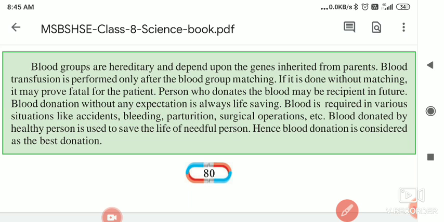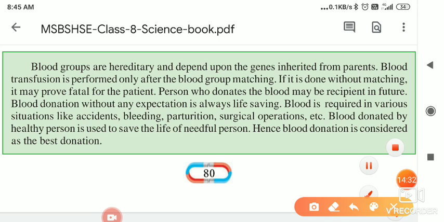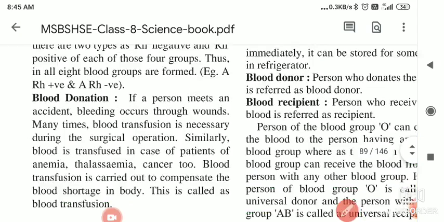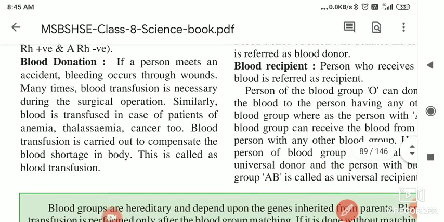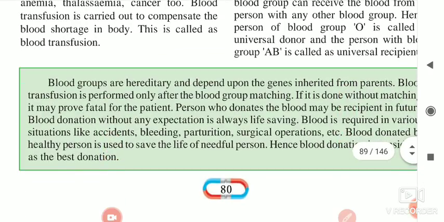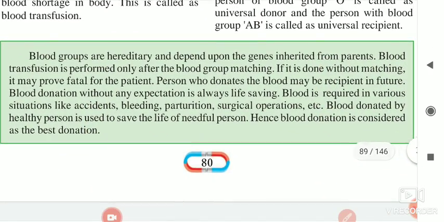That donated blood is used to save the lives of people in problems like accidents, bleeding, parturition, surgical operations, or diseases like anemia, thalassemia, and cancer. In these diseases, blood transfusion is also necessary, and it is given to the needy person.